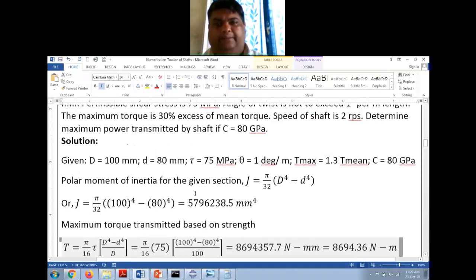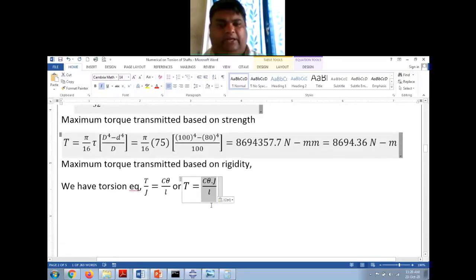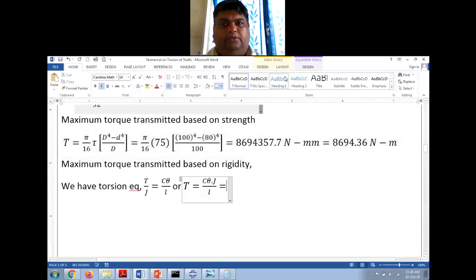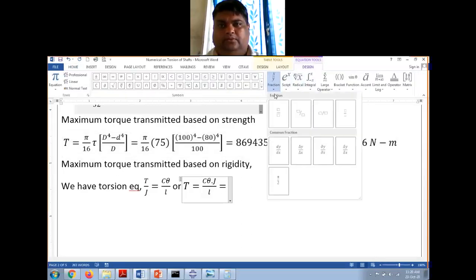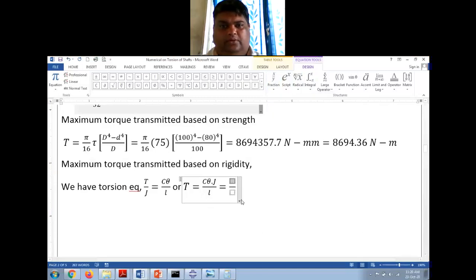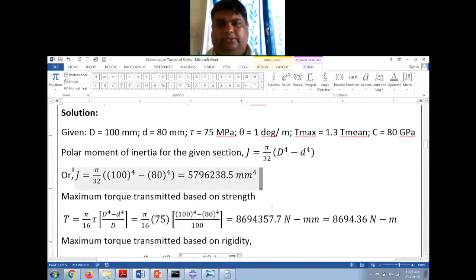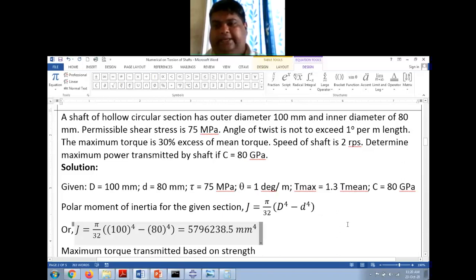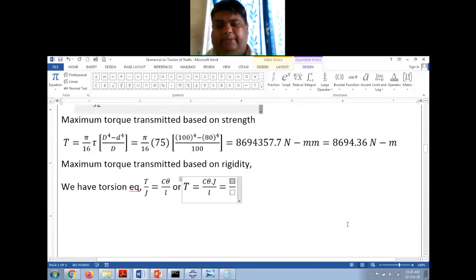Theta by L is 1 degree, so you have to convert that into radians, right? So directly I'm substituting now. So this is equal to, in the numerator I put C. C is 80 gigapascal. I have to put in megapascal.